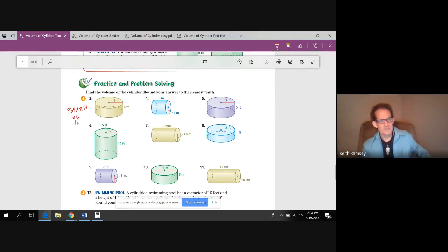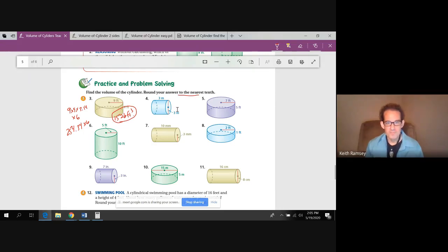So we know 9 times 9 is 81. 81 times 3.14 is 254.34. And I'm going to multiply that times 6 to find out the volume. It says round your answer to the nearest tenth. I got 1,526.04. So I'm going to round that to just 1,526 feet cubed.